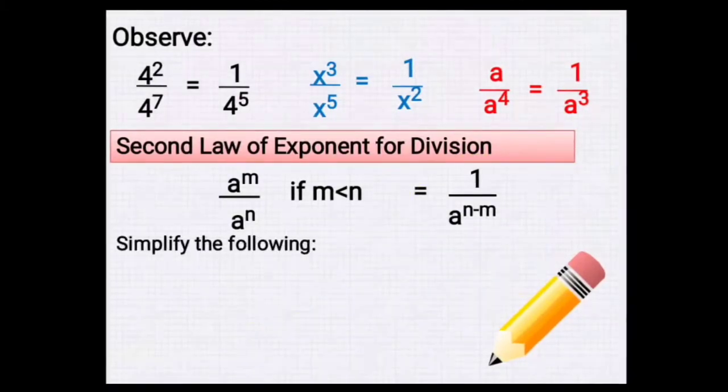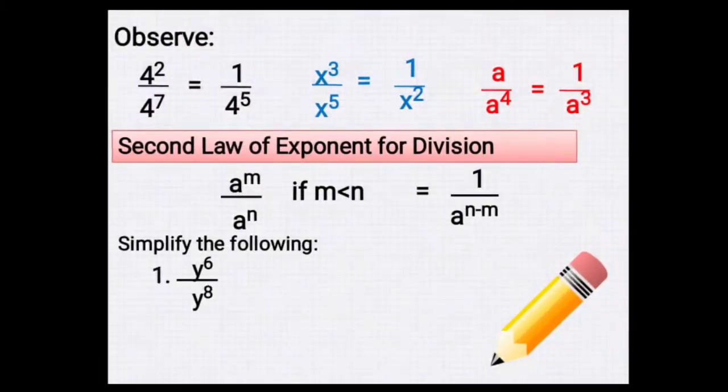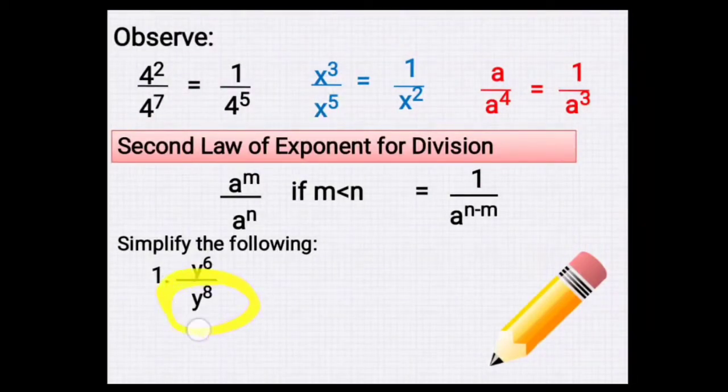Now, let us simplify the following. Y raised to the 6th power divided by y to the 8th power. As you can see, the exponent of the denominator is greater than the exponent of the numerator.